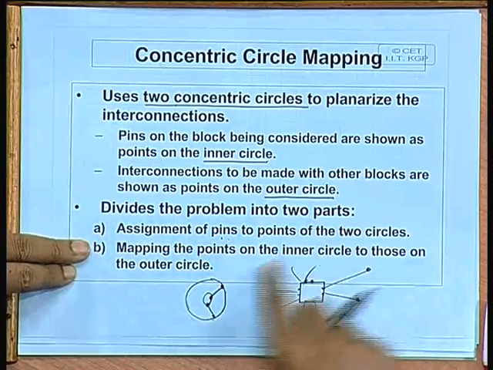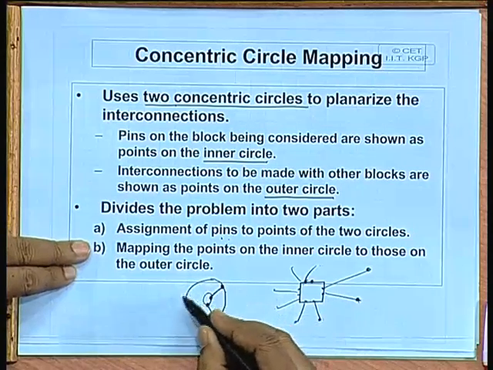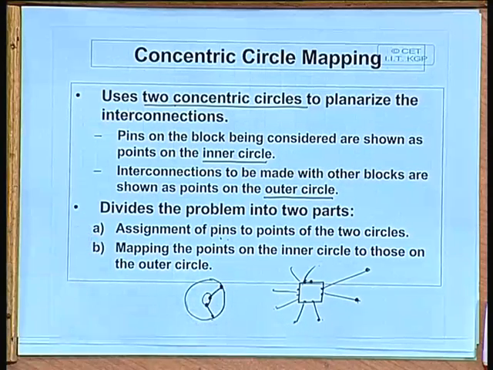So, these are the two steps of the method. First, you assign the pins to points on the circumference of the circles, then you try to find out a correspondence between the two circles. Okay. So, whatever I have said is very conceptual. Let us take an example to understand what I mean. Okay.